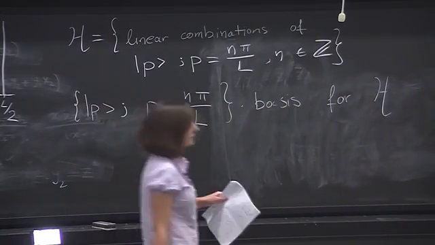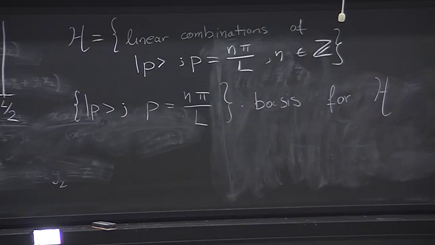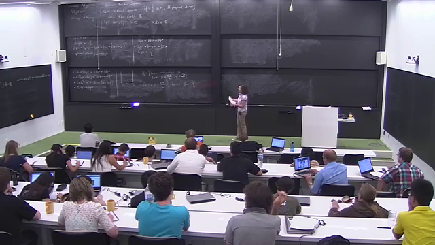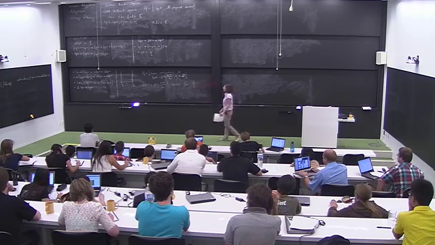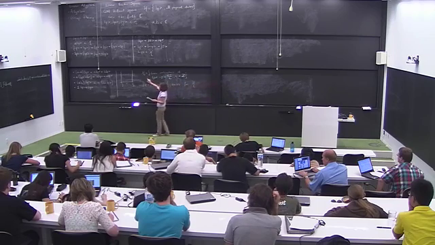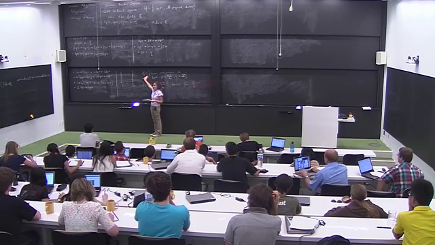So the formal definition of a basis would be a set of vectors that spans our vector space.